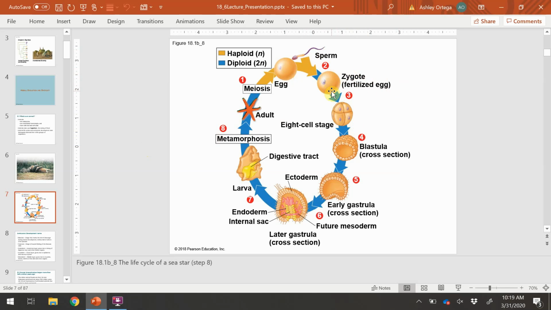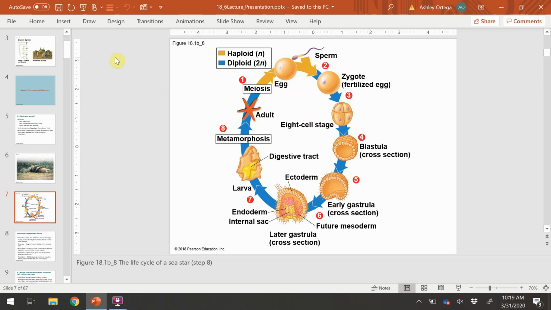Once that happens, development begins, where the cell will divide and reproduce more cells, and those cells will divide. Here's an 8-cell stage, a very early stage. Then the next stage is called the blastula. This is a hollow ball of cells.